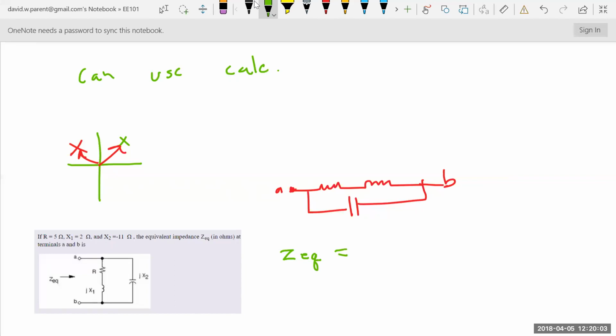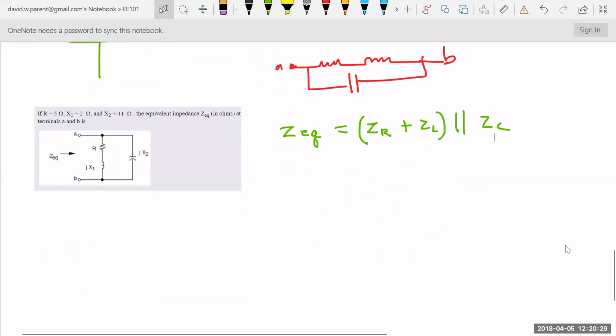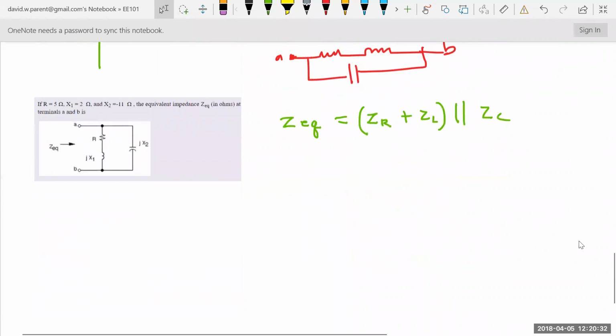So Z equivalent, well, we've got a parallel branch, but it's the impedance of the resistor plus the impedance of the inductor, and I'll put it in parentheses, in parallel with the impedance of the capacitor. Now, from the problem, Z_R equals R equals 5 ohms.